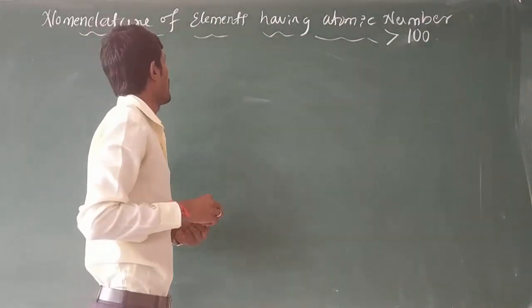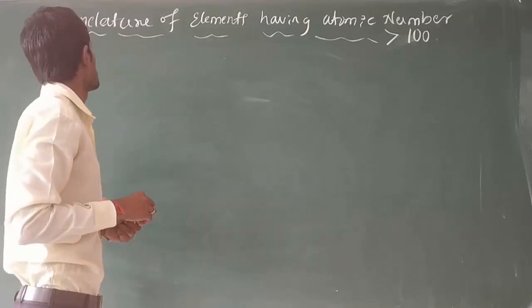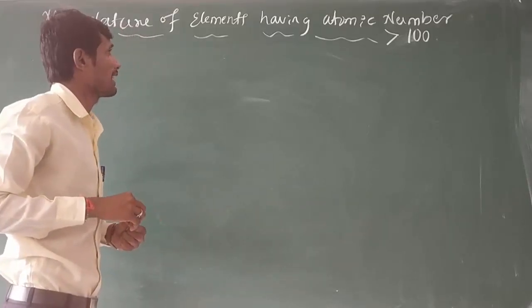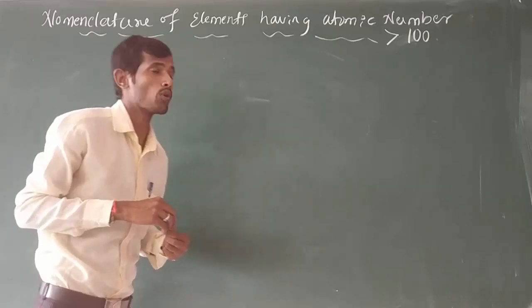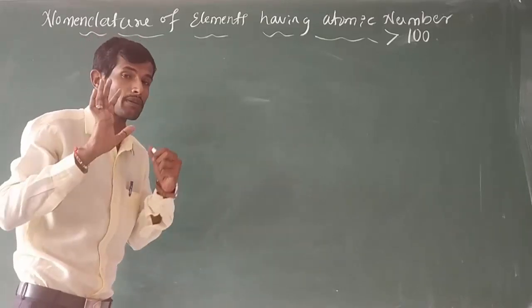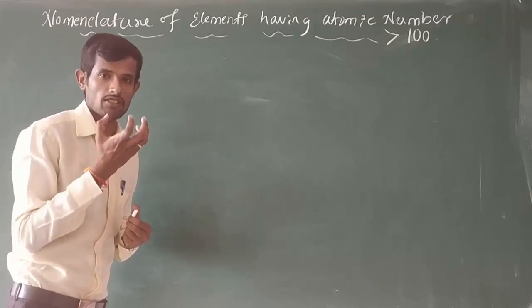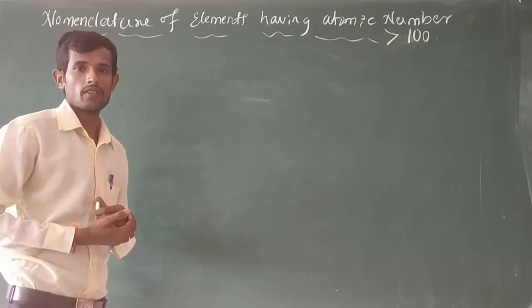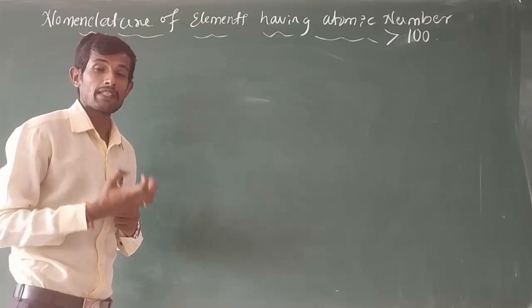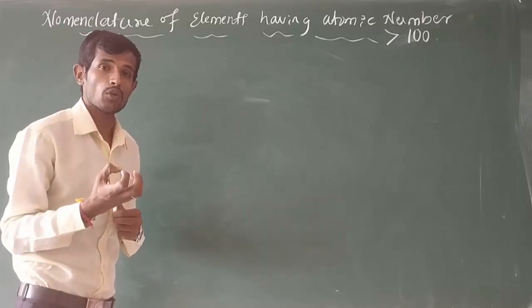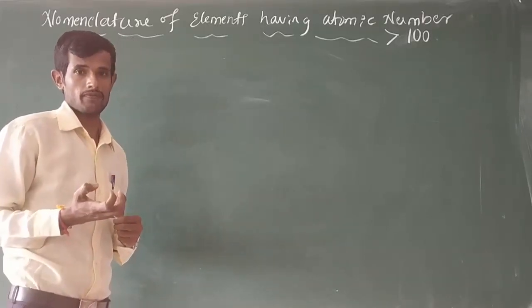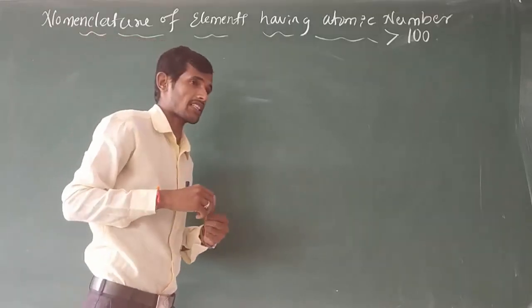Students, while writing the IUPAC nomenclature of elements having atomic number more than 100, first remember one chart. It contains some root words. In the presence of a particular digit, we use one root word. So first we remember this chart.